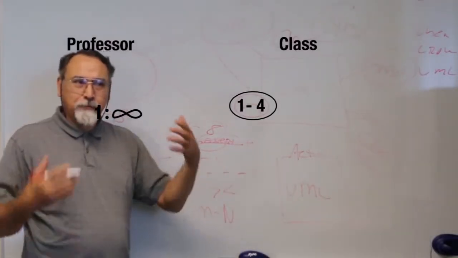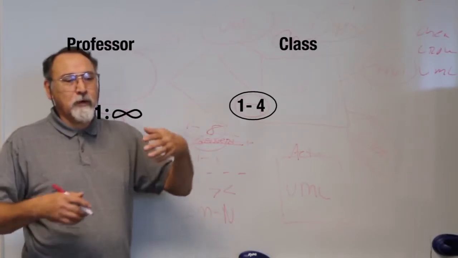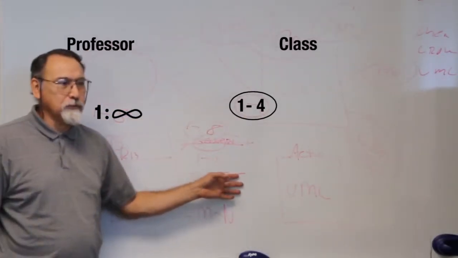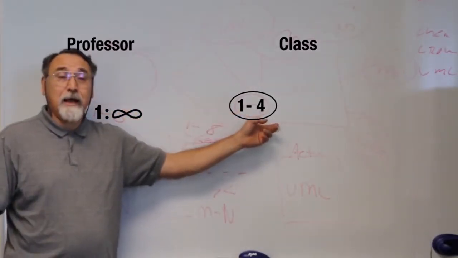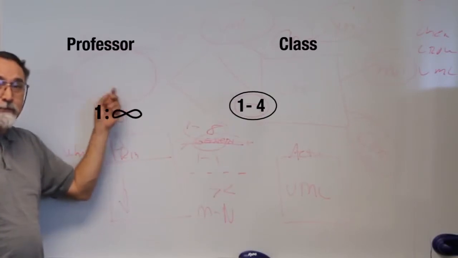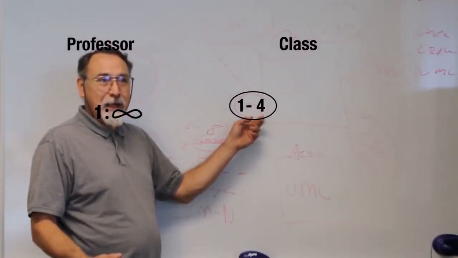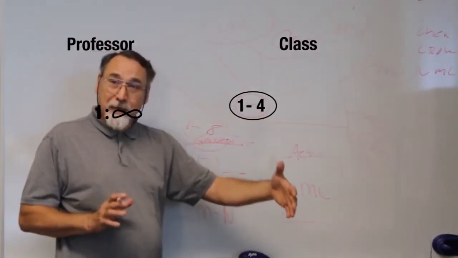However, the professor can only teach one class at a time. So as you're drawing this out, the symbolism is used to indicate that yes, a professor can teach many classes. However, the professor can only teach one class at a time. The student can take many classes. However, he can only take one class at a time, but he cannot take more than 4 classes.